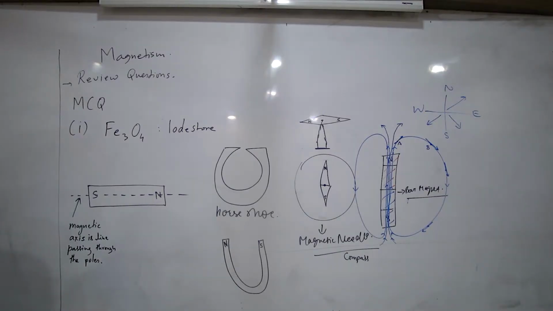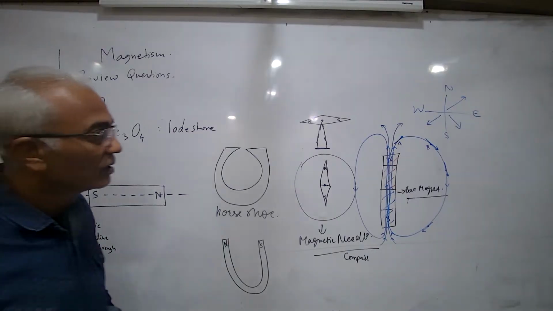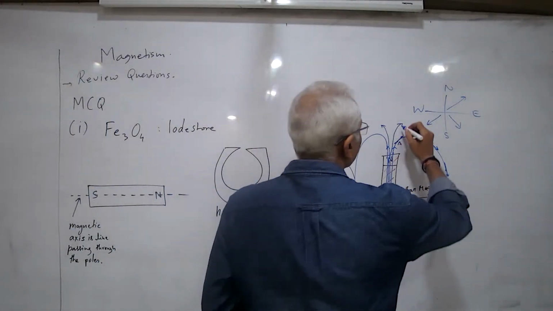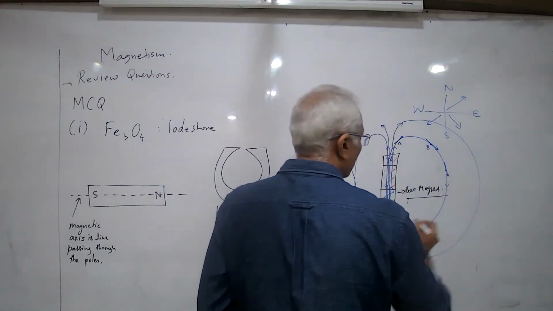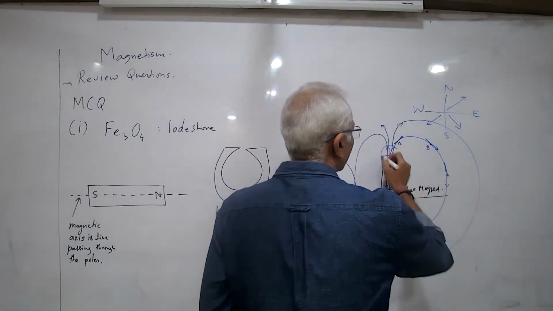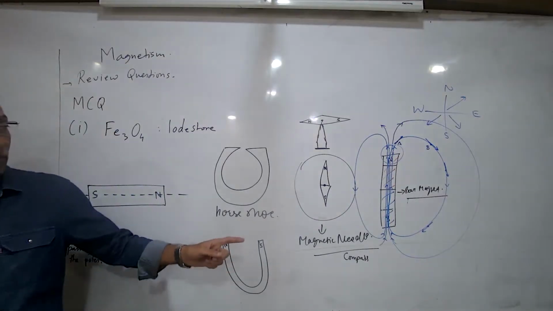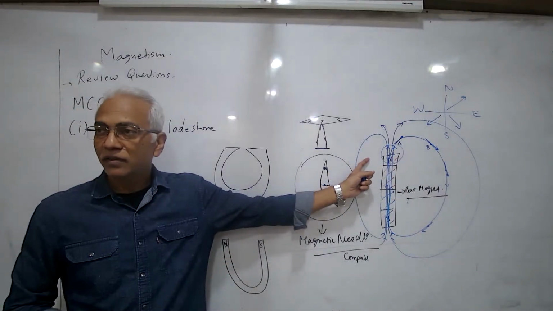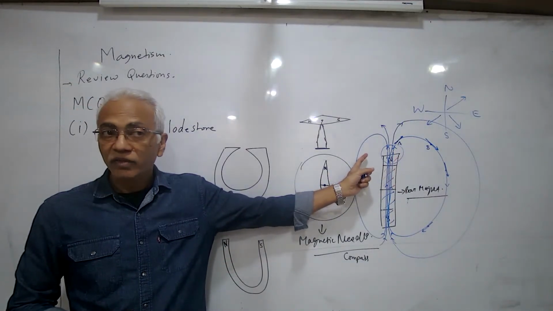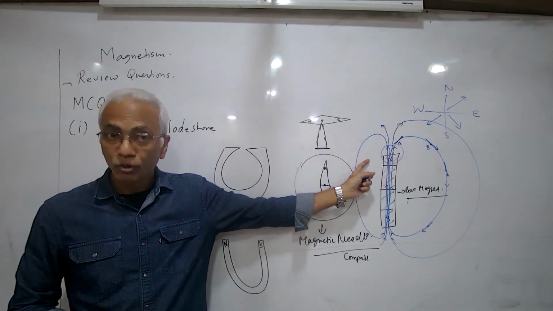Wherever the field lines are crowded, the magnetic field strength is more. Wherever the magnetic field lines are less crowded, the magnetic field strength is less. So where it is less crowded, in this region, and near the pole it is crowded the most, the magnetic field strength is maximum near the poles.